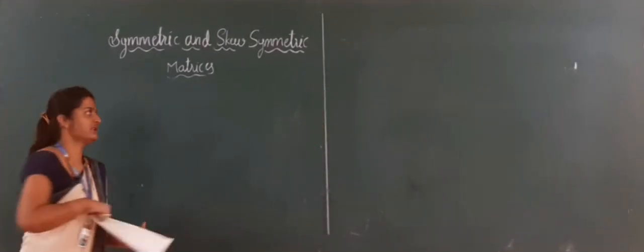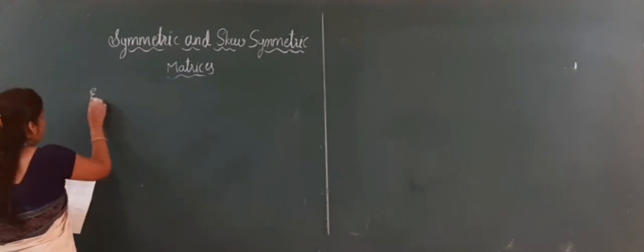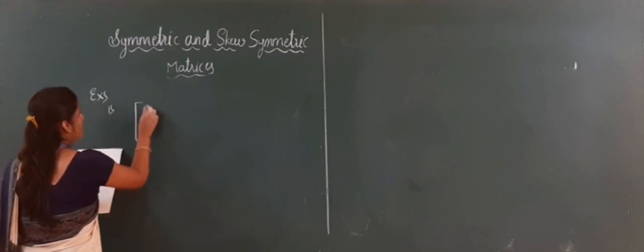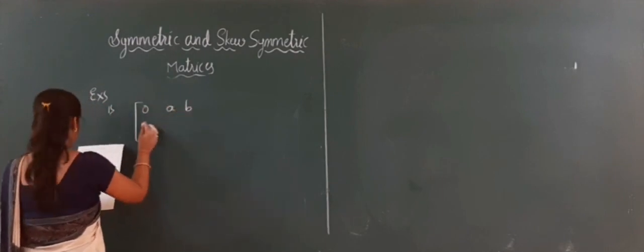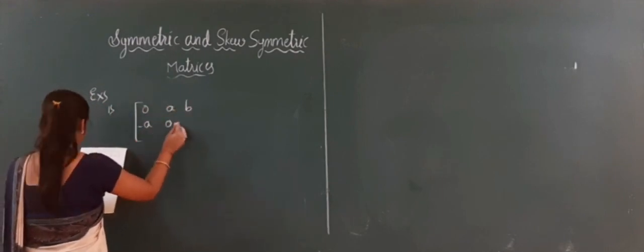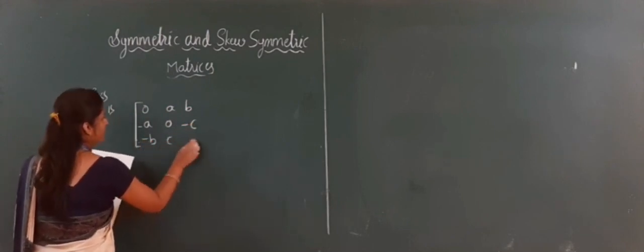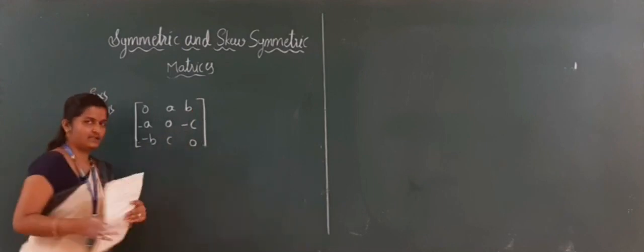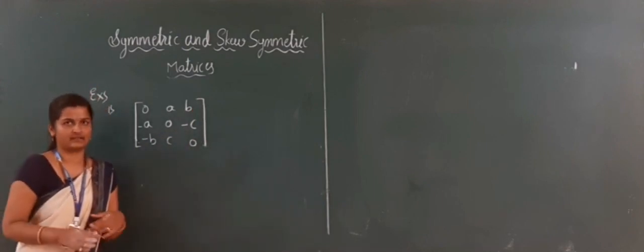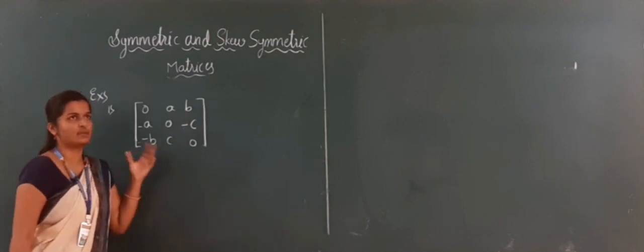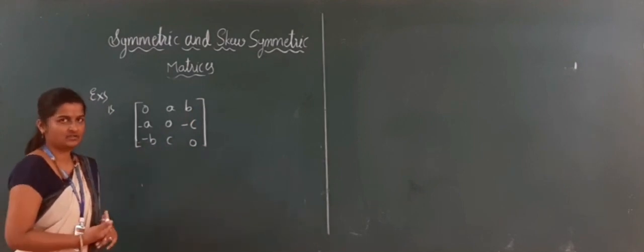So, tell me students, this given example. First one: 0, A, B; minus A, 0, minus C; minus B, C, 0. Which type of matrix is this? Now you are studying symmetric and skew symmetric, so tell me whether this is symmetric or skew symmetric.